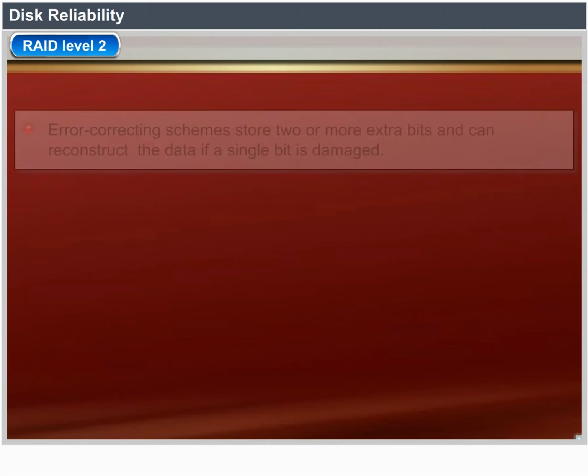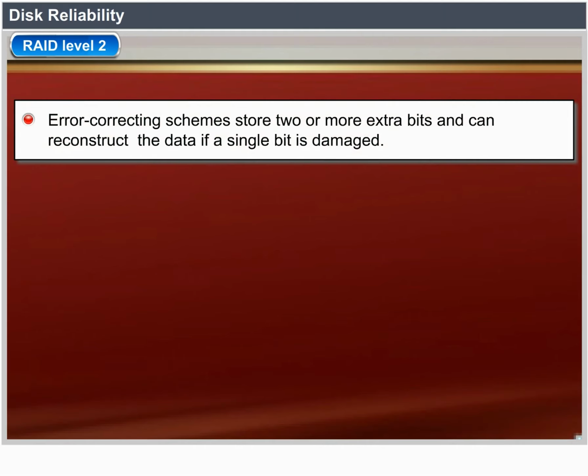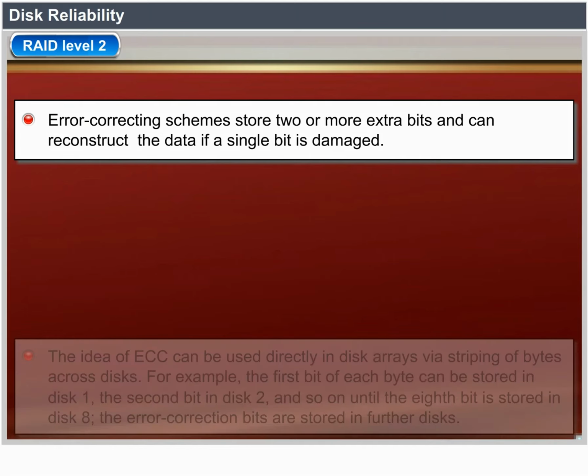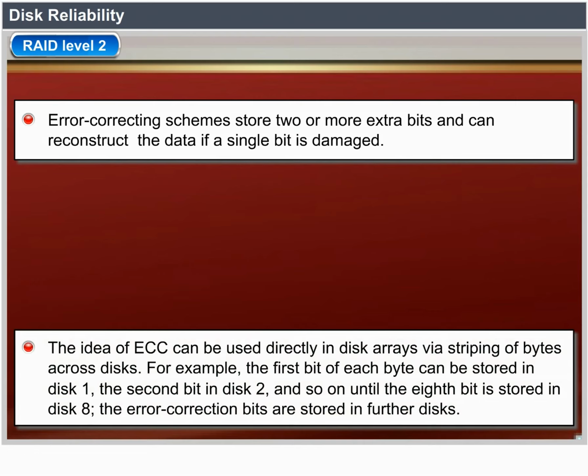Error-correcting schemes store 2 or more extra bits and can reconstruct the data if a single bit is damaged. The idea of ECC can be used directly in disk arrays via striping of bytes across disks. For example, the first bit of each byte can be stored in disk 1, the second bit in disk 2, and so on until the 8th bit is stored in disk 8. The error-correction bits are stored in further disks.